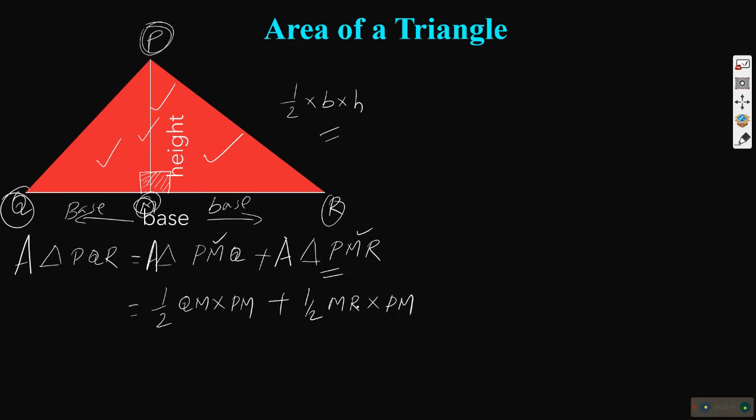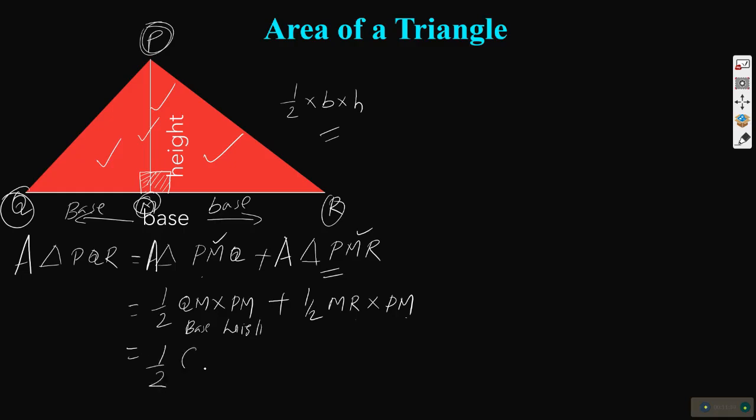So what we can understand is that in this case, half QM into PM, half MR into PM, we are applying the formula half base into height in both the cases, right? So why can't I write in this format?